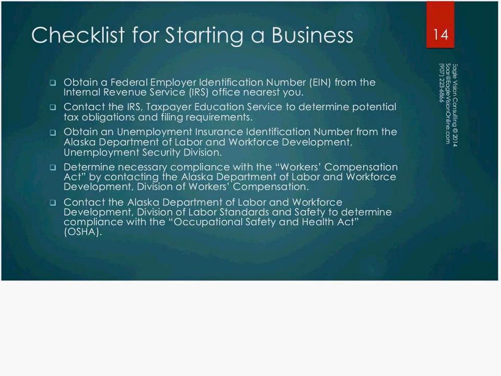Contact the IRS taxpayer education service to determine potential tax obligations and filing requirements. There's also obtaining the unemployment insurance identification number, which you'll have to pay into payroll taxes for unemployment. Also determine the necessary compliance with workers' comp.